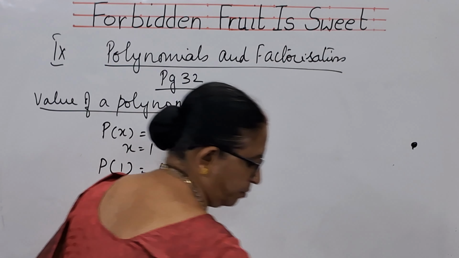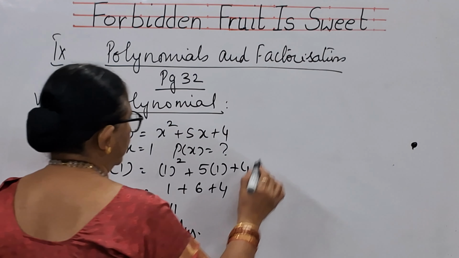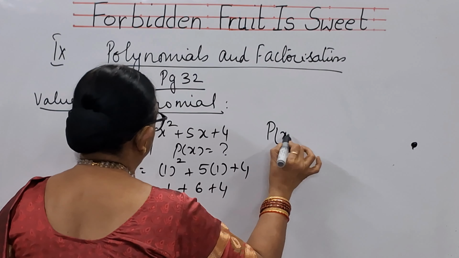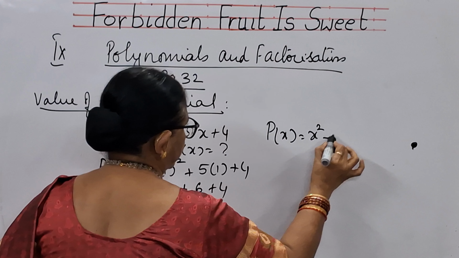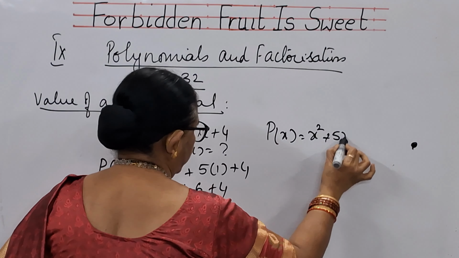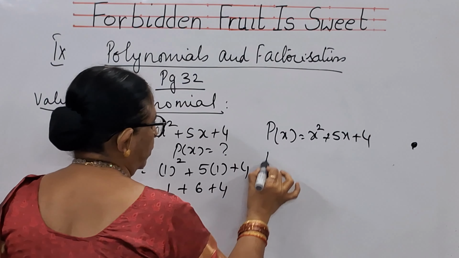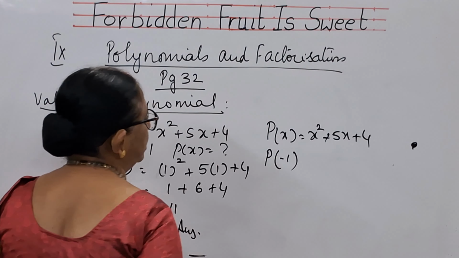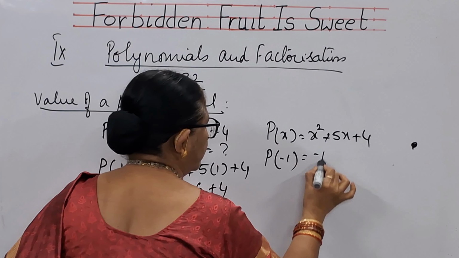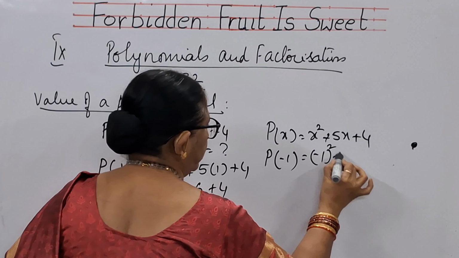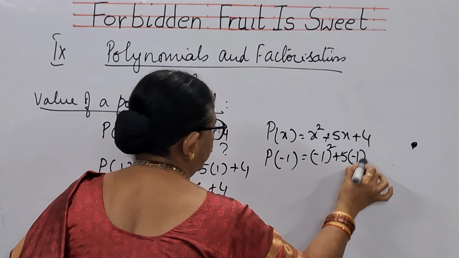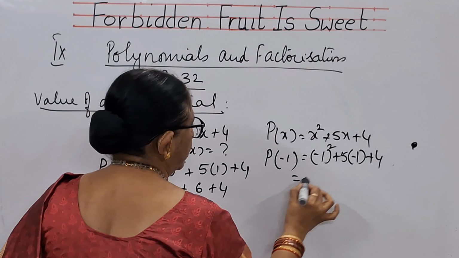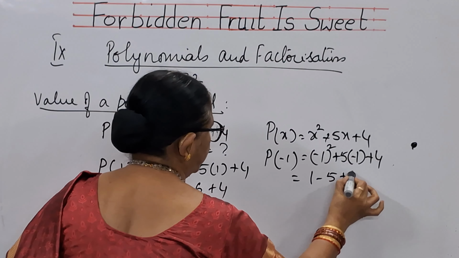substitution, children, here. Suppose for the same thing, that is p of x is equal to x square plus 5x plus 4, you are asked to go for p of minus 1. So wherever x is there, go for minus 1. Minus 1 whole square plus 5 into minus 1 plus 4. 1 minus 5 plus 4.